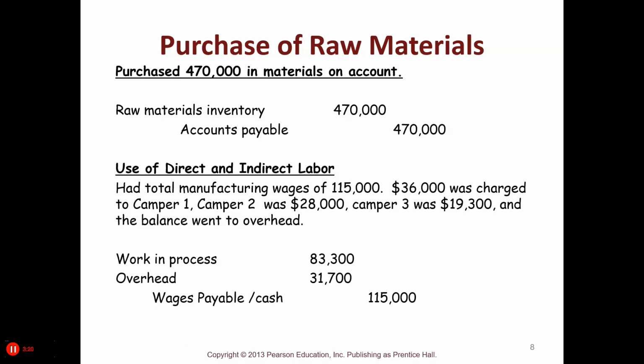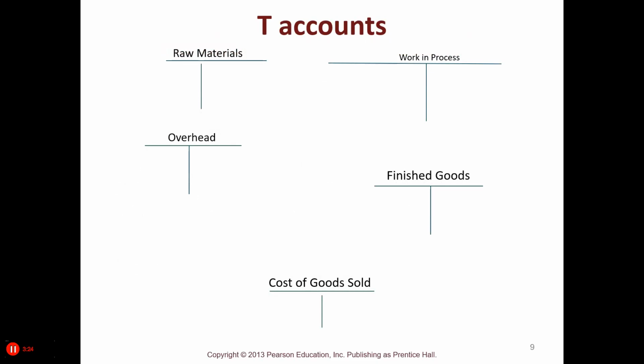Now, what would that look like in our T accounts? This is a good way for you to keep track. So here's the T accounts we need. So we would show the purchase of our materials. Then we would show our direct labor and indirect labor being charged. And if you notice, I show it by camper because I want to keep track of each project separately, which you would do.